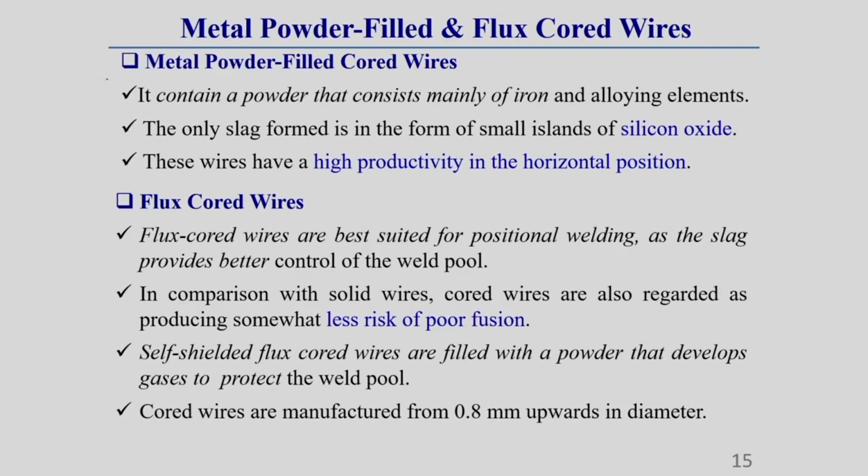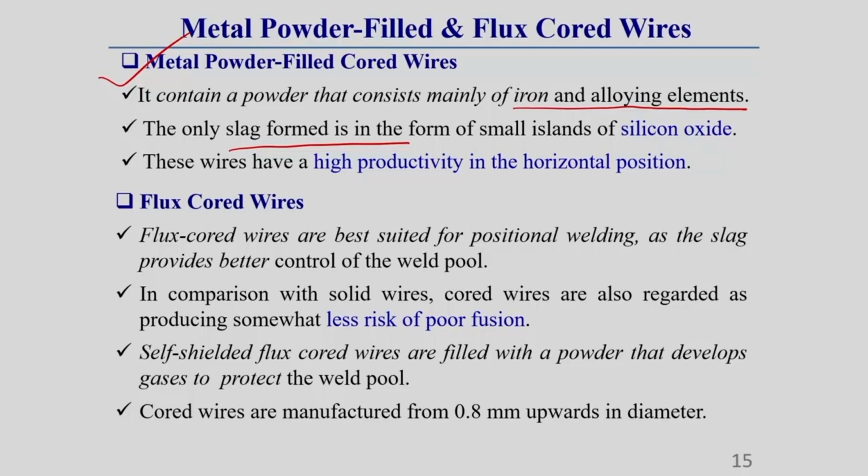So the metal core type of wire generally contains a powder that contains mainly iron and alloying elements. Here only one slag element is used, which is silicon oxide.